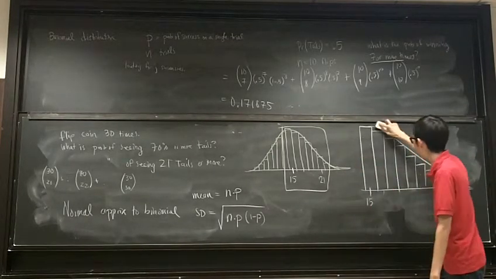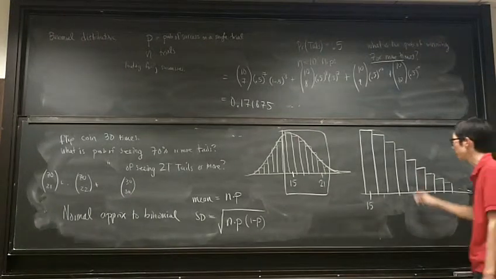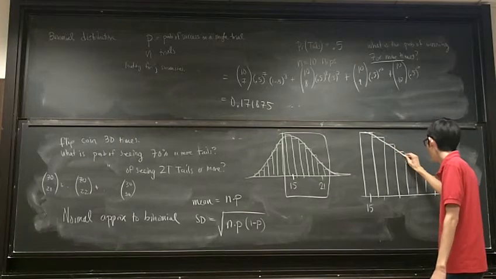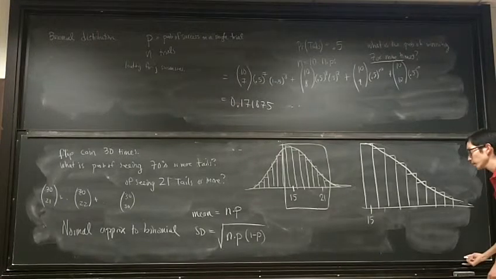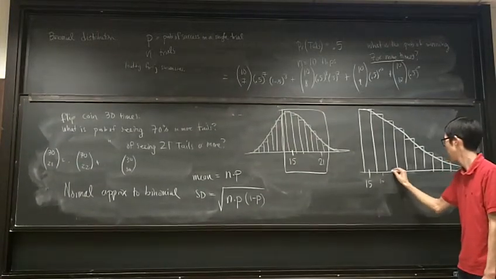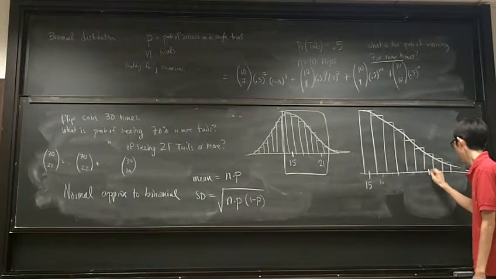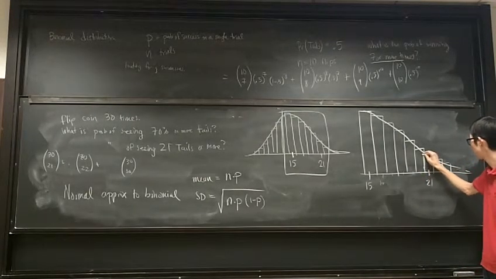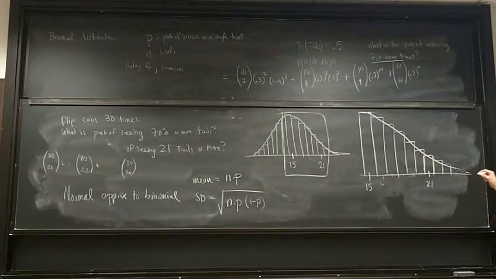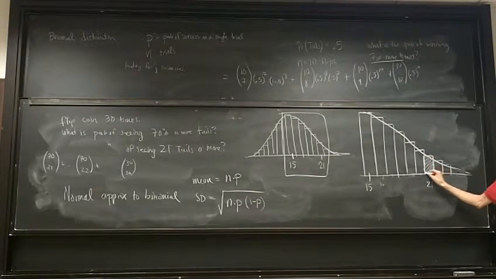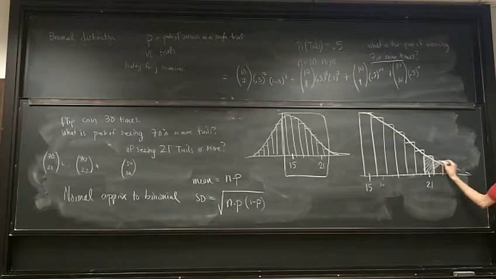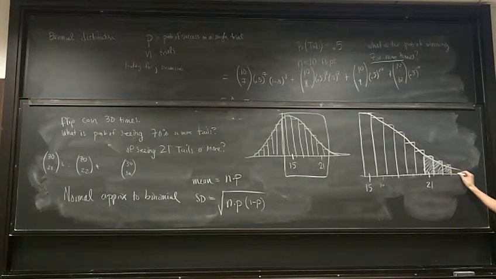Actually, the line should go through the middle of these bars here. So here I've got a bar centered at 21. If I want to include this entire bar, I would shade starting with the entire 21st bar, and then I would shade the bar for 22 and 23 all the way up to the bar for 30, which is going to be very, very small. Does that make sense?